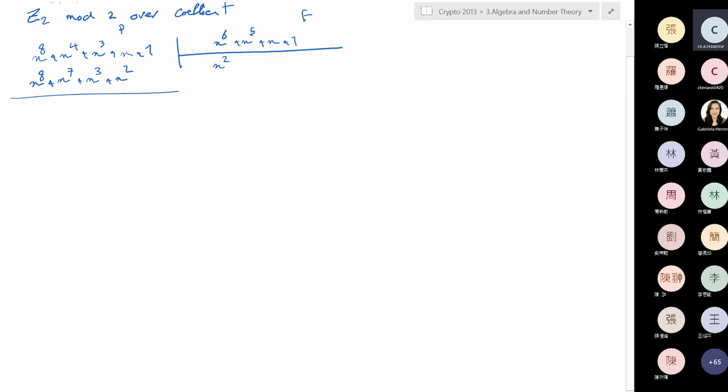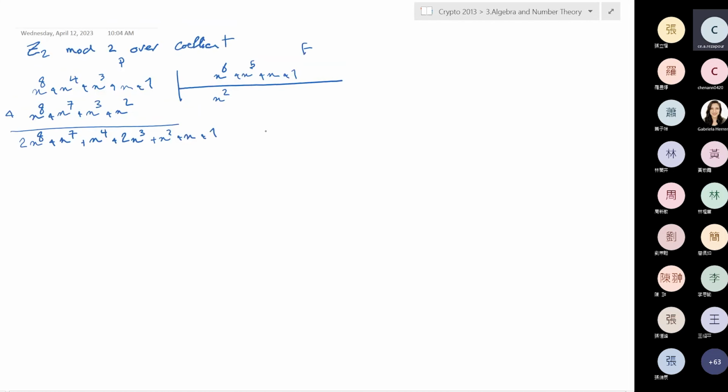Now we add them together. This is a very tedious computation. We get 2x^8 + x^7 + x^4 + 2x^3 + x^2 + x + 1.